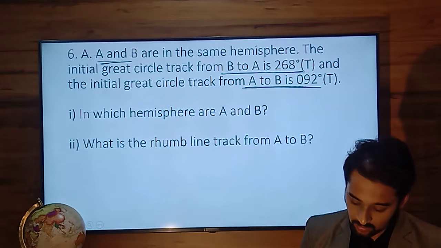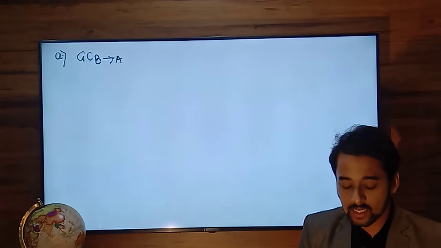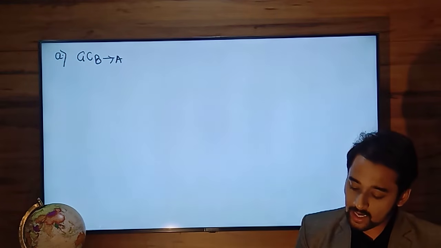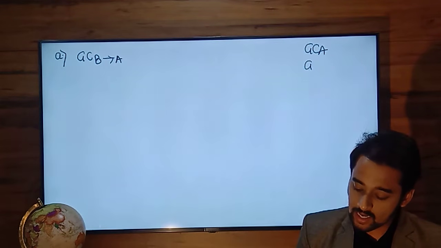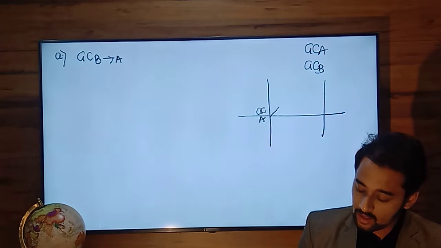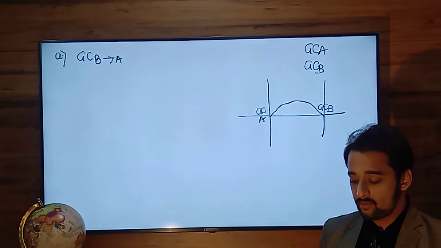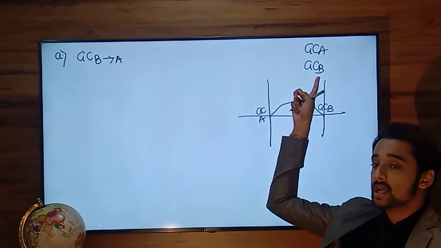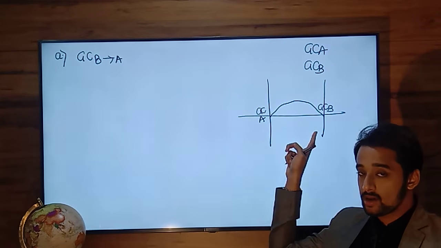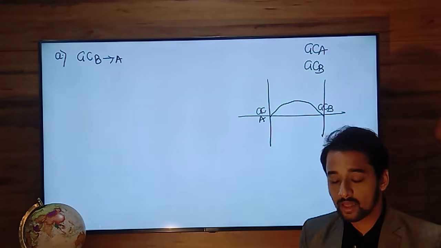So now let's take the great circle from B to A. This is the kind of sum that we have done previously, where we were given the great circle track at A and the great circle track at B. Then step 2 was to find the reciprocal of the great circle track at B, since you want to come from B to A. Now here we have been given the other way around.